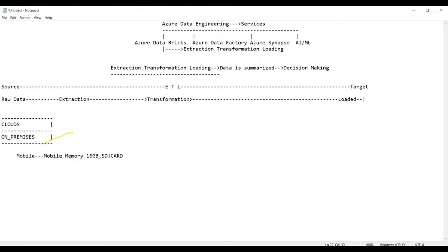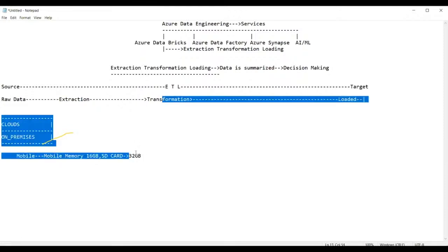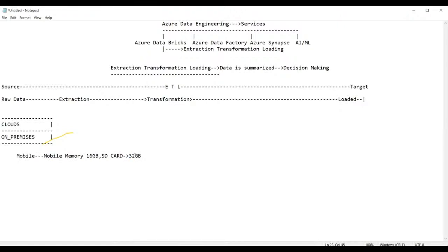Whereas if you require to store more memory, say one more 32 GB of memory, for that, what we do is buy an external SD card and put it in your mobile phone. From that point onwards, you can use this memory of 32.